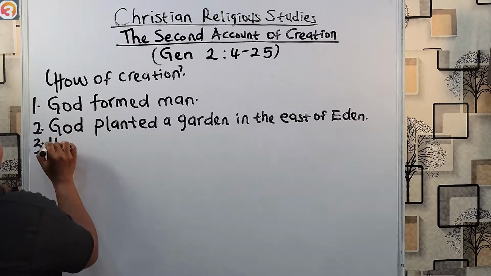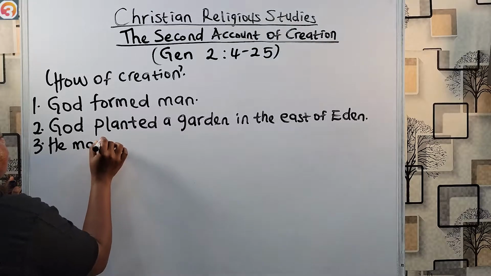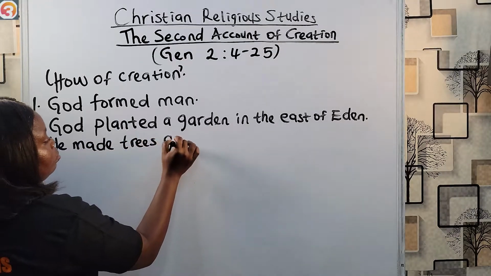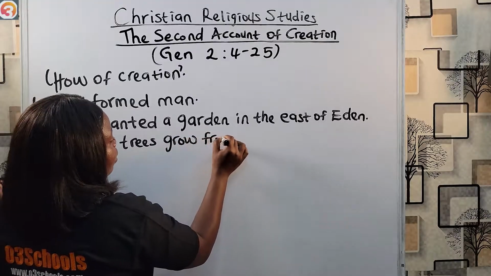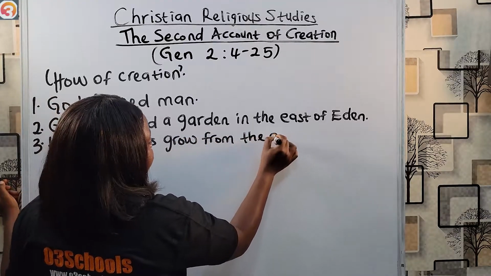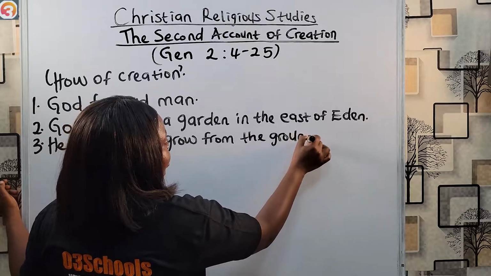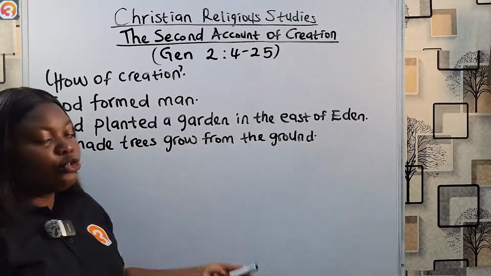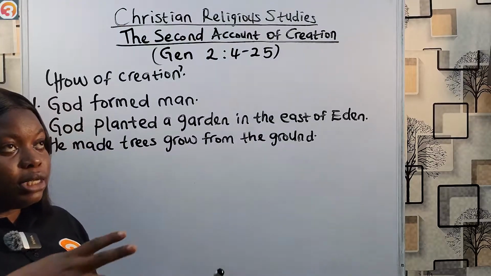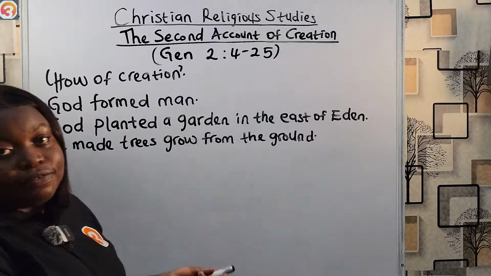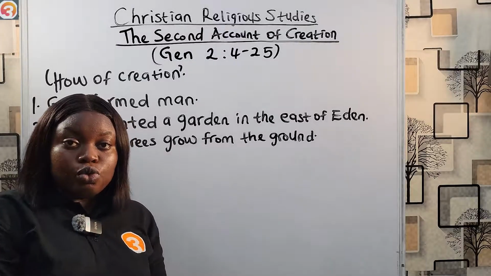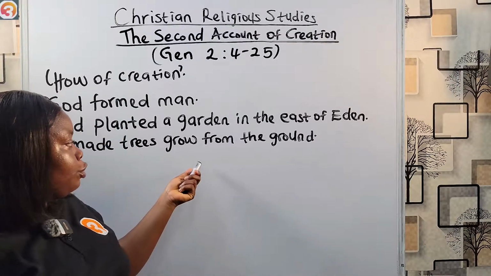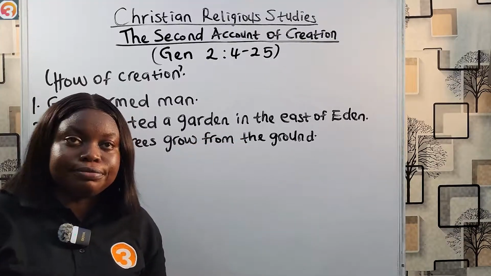He then made trees grow from the ground, all kinds of trees. The Bible even said the tree of life and the tree of the knowledge of good and evil were among the trees that God made grow in the Garden of Eden.